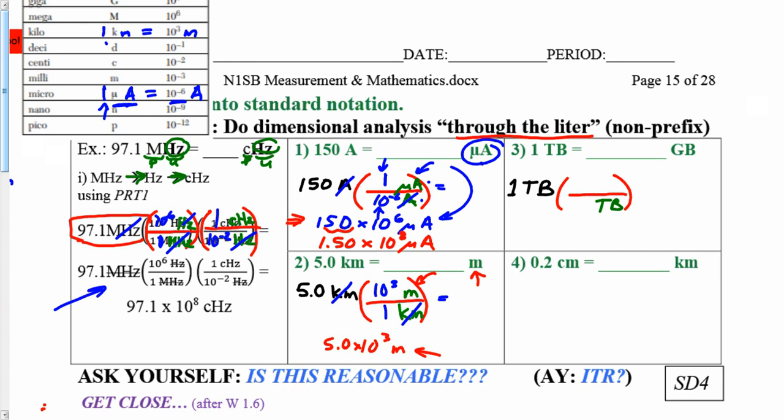Now you notice prefix, base unit, prefix, base unit. Okay, so terabytes, you want to go through the bytes, so terabytes into bytes. Now, I'll show you in the next one you can do this all kind of in one fell swoop, but for right now, let's do it fraction by fraction.